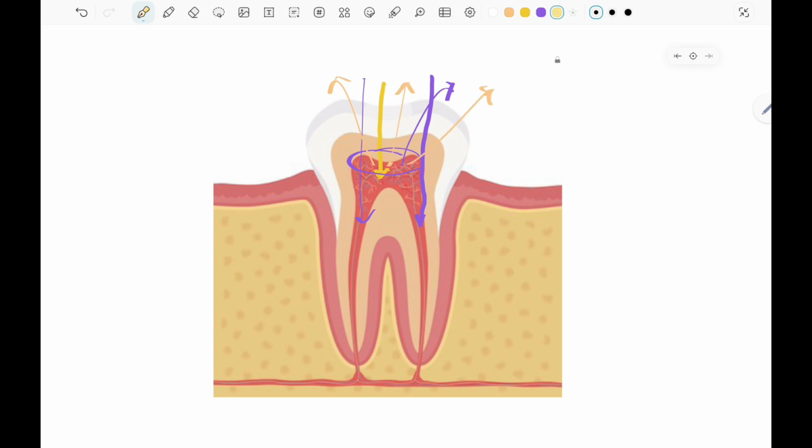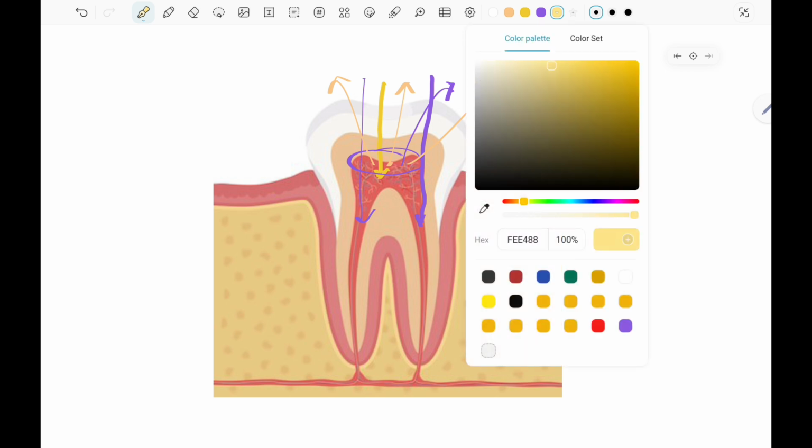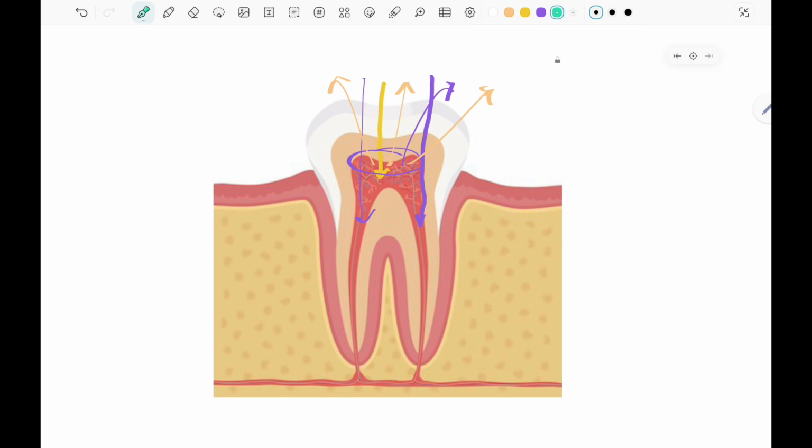The most important part is giving a lot of pressure to the pulp so that the pressure is built up onto the pulp, and the pulp is completely destroyed. That is the proper technique to give an intrapulpal anesthesia.